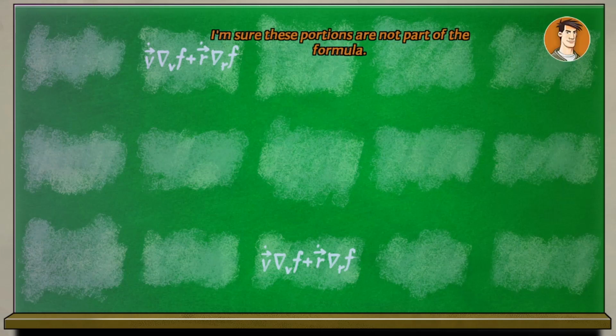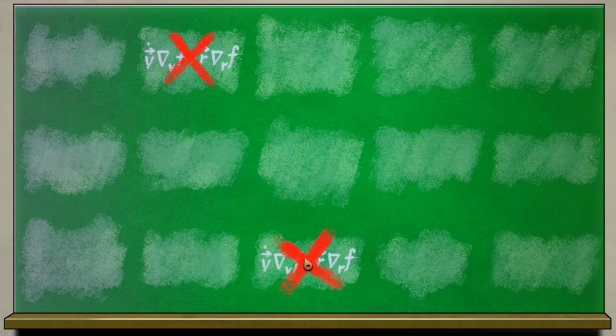I'm sure these portions are not part of the formula. Then the second from the third row and the fifth from the same row. Line, sorry.